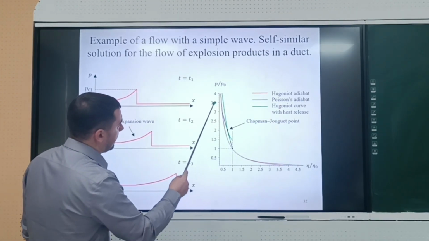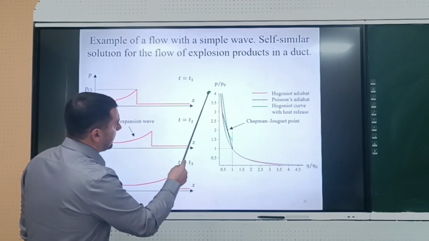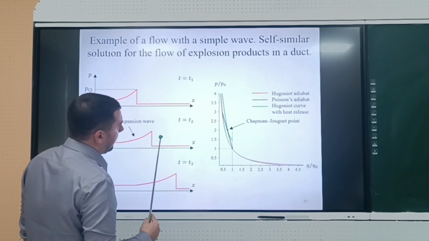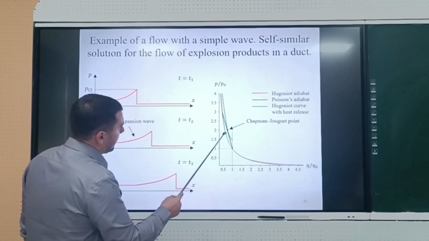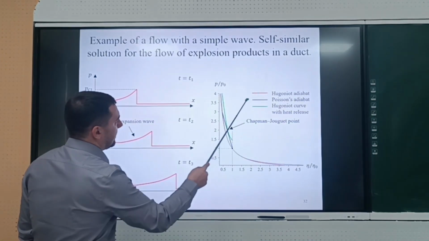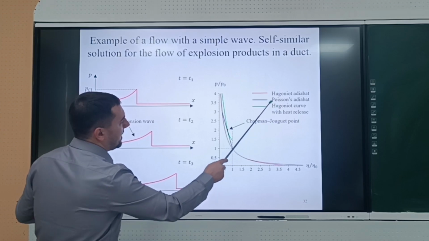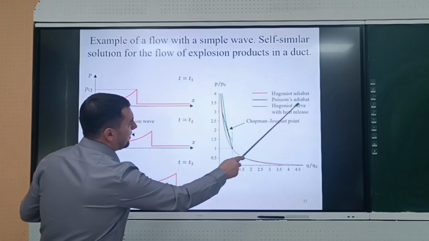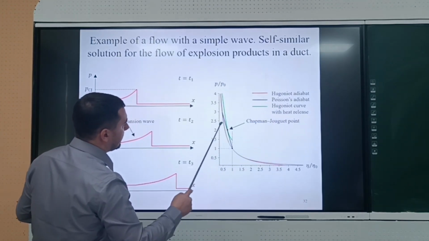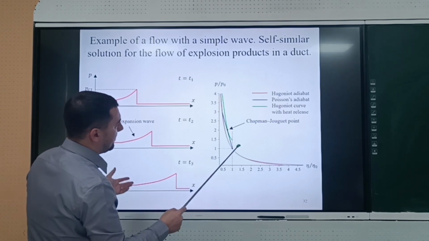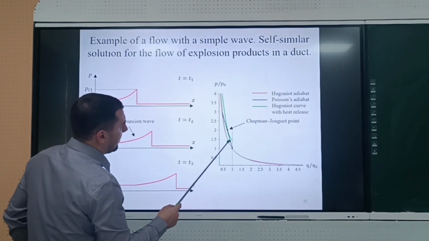So suppose these are curves in the P–V space. The red curve is the Hugoniot adiabat, or we call it the Hugoniot curve, but usually the Hugoniot curve corresponds to the curve with heat release. So the red curve was for inert media, for example, for air.